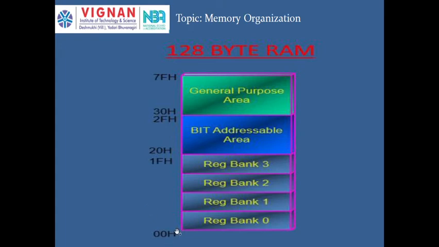The first 32 bytes, 00 to 1FH, as you know 00 to 0F is 16 and 10 to 1F is another 16, so 32 bytes of internal RAM constitute 32 working registers.